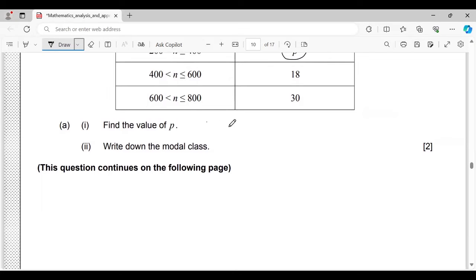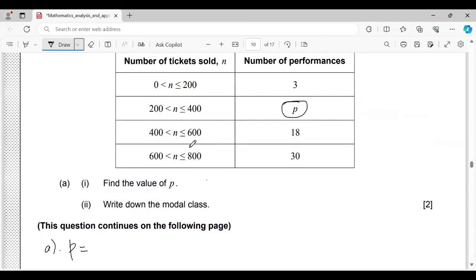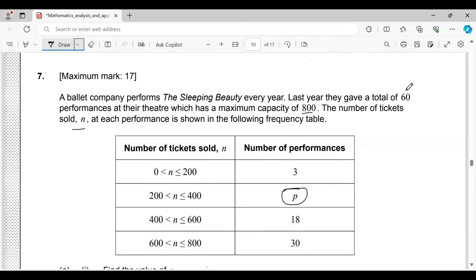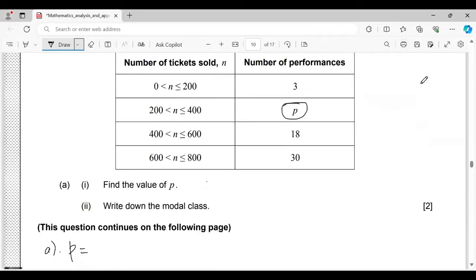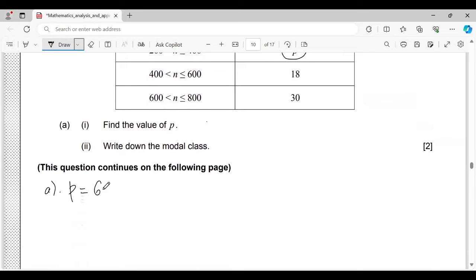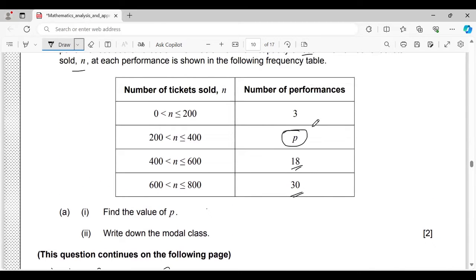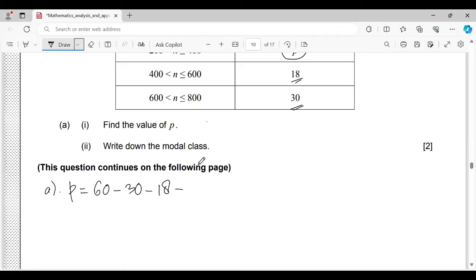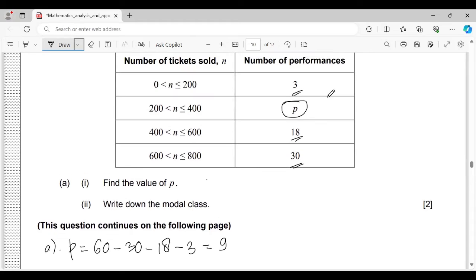P equals, look here, that the total is 60. Okay, so 60 minus 30, minus 18, minus 3, and it is 9. So P equals 9 here.